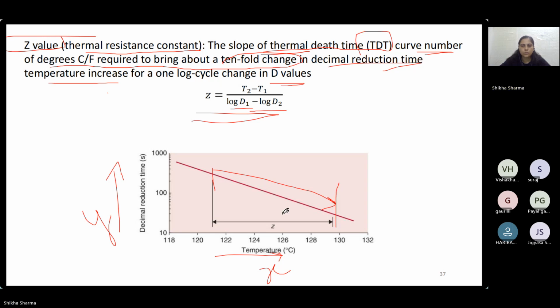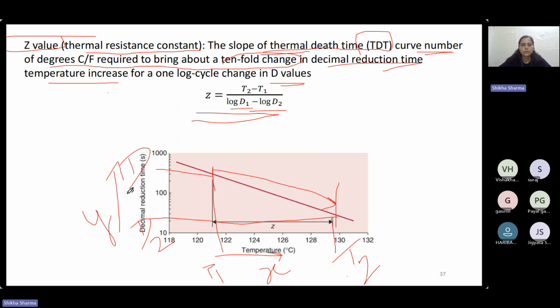Here is the T2, here is the T1, here is the D2 and here is the D1.